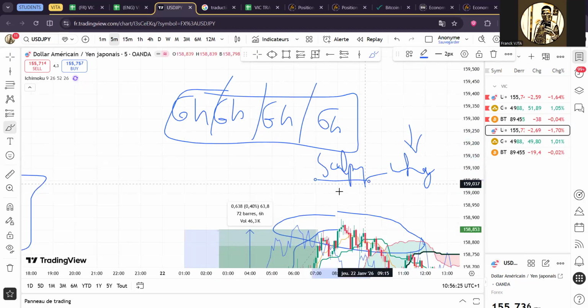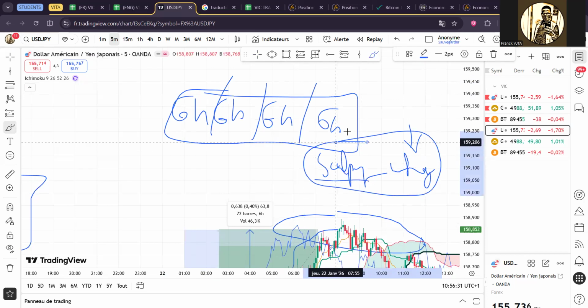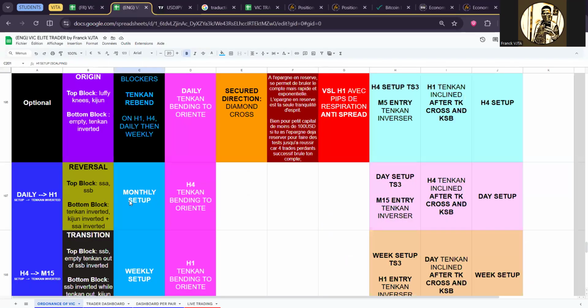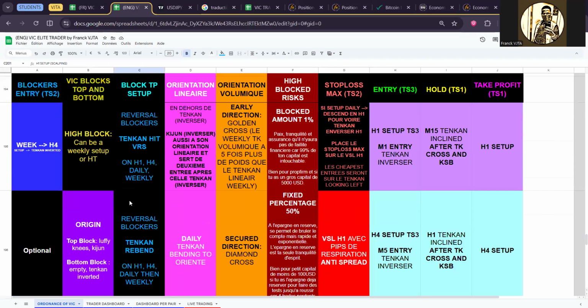Scalping is generally within minutes, but sometimes we can mix the two, intraday and scalping, within 6 hours. You can have your entry till your take profit within 6 hours. That's why I try to explain that each time you have a setup on 1 hour, you are doing something like scalping. 6 hours to make money is actually fast.